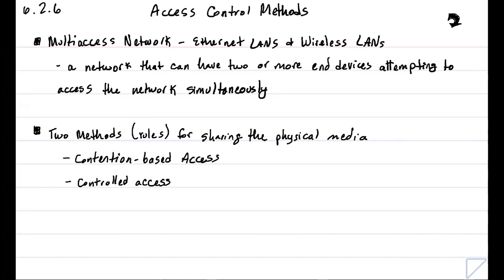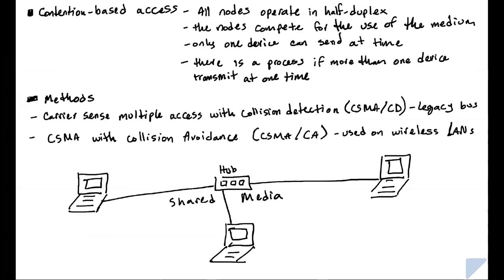Two methods used for sharing the physical media are contention-based access and controlled access. In contention-based access, all nodes operate in half duplex. The nodes compete for the use of the medium. Only one device can send at a time. There is a process if more than one device transmits at one time, and there's collisions.